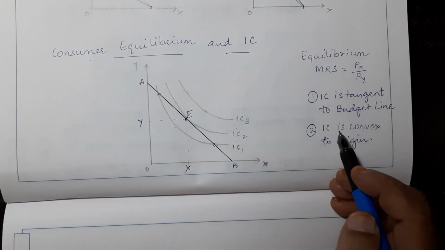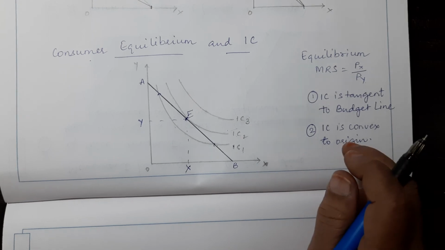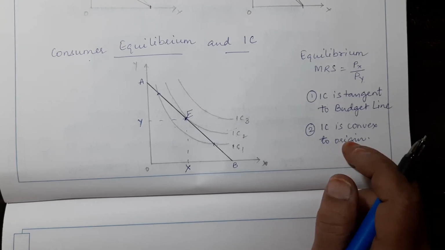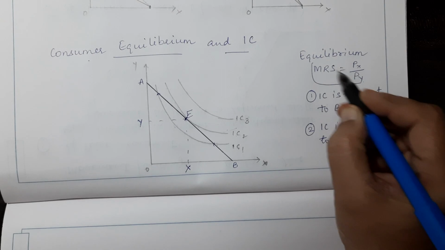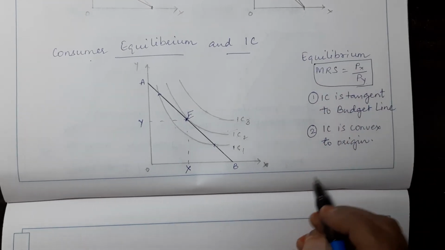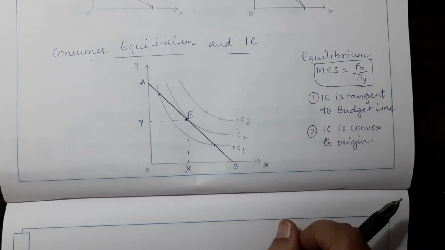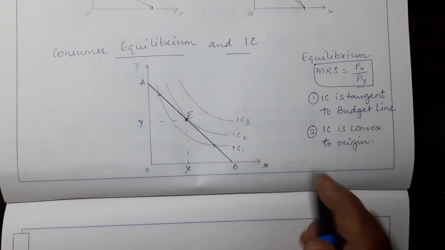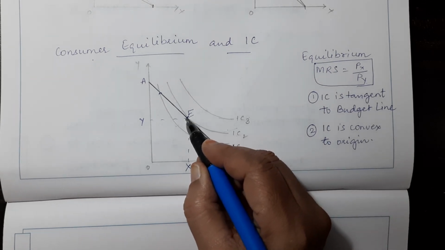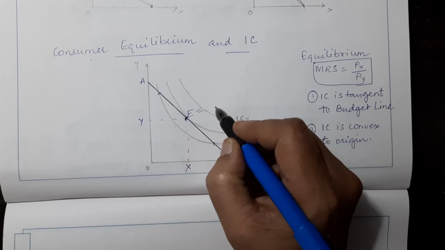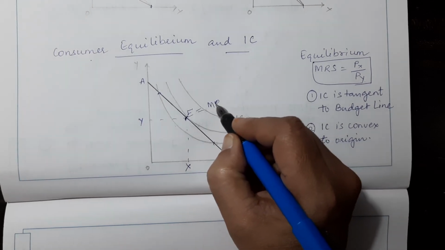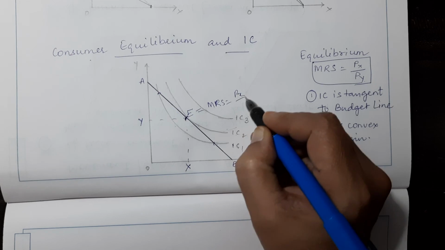So these 2 points are very, very important. The most important point to find the equilibrium is that the slope of the IC and the slope of the budget line are the same. So this is the point where MRS is equal to Px by Py, and that is what we are calling equilibrium. MRS is equal to Px by Py.